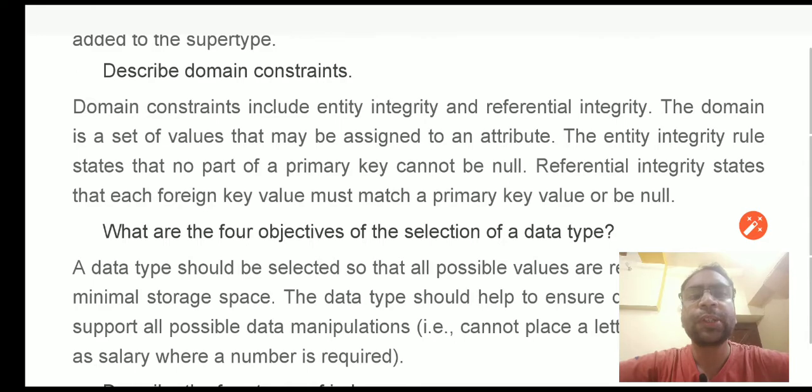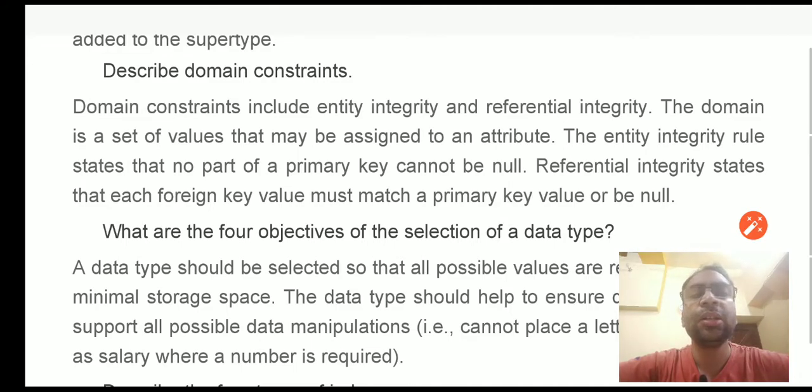Next question, describe domain constraints. We have learned about the constraints, which are domain constraints, referential constraints, integrity constraints, entity constraints. So what are the domain constraints? Domain constraints include entity integrity and referential integrity. The domain is a set of values that may be assigned to an attribute.